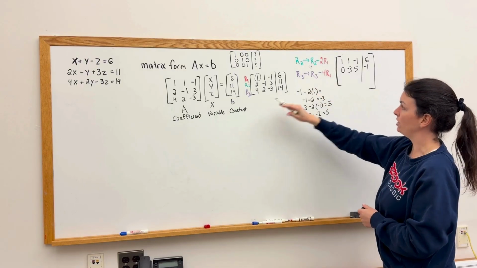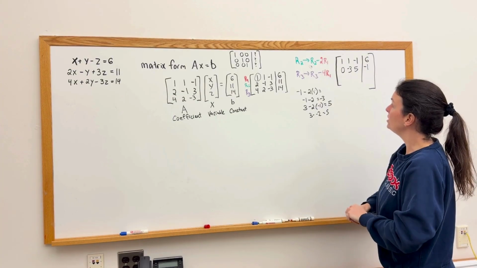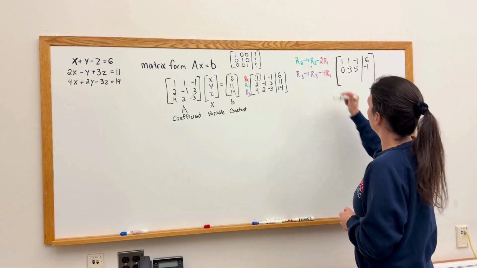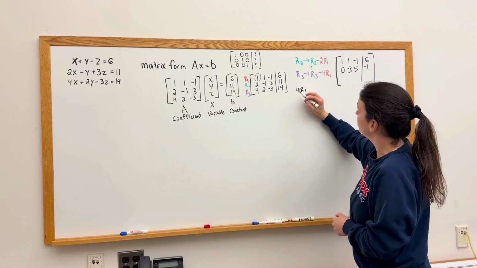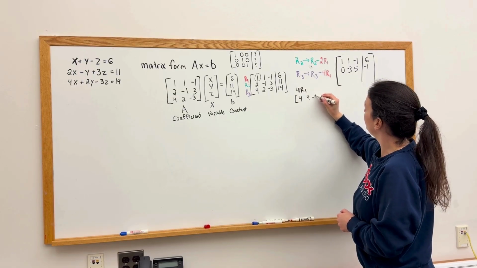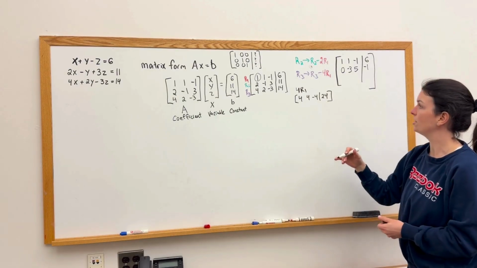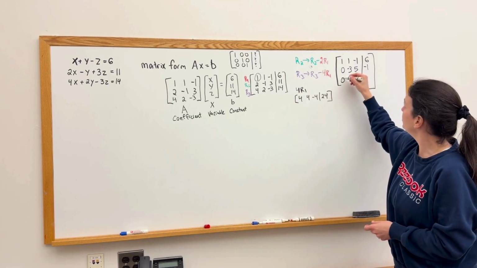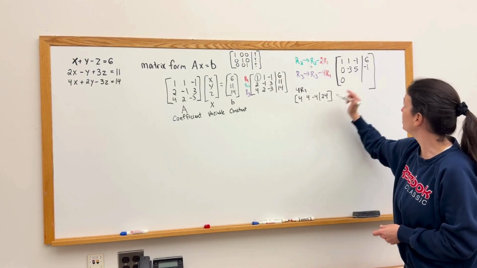Now let's do row 3. To make this a little easier, I'm just going to rewrite 4 times row 1 right here. 4r1 is equal to 4, 4, negative 4, 24. This will help us do the math more easily. 4 minus 4 is 0. 2 minus 4 is negative 2.